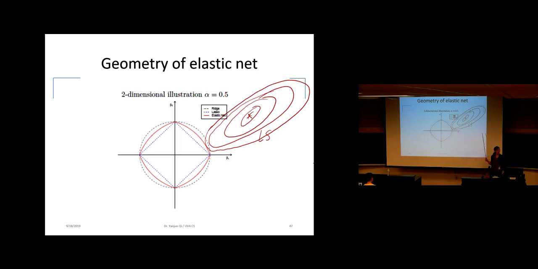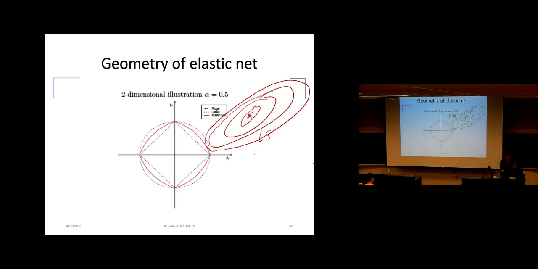And again, you can understand this through our previous understanding. Every point has to be within this red shape, right? That's just the requirement. And at the same time, you try to minimize.